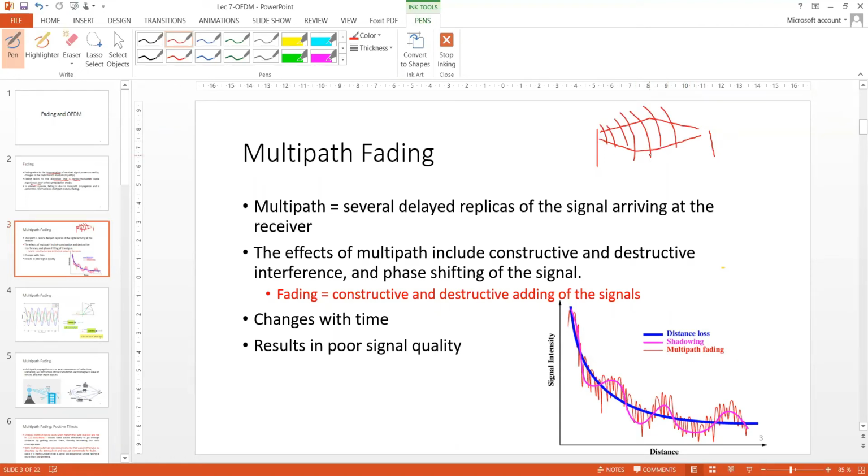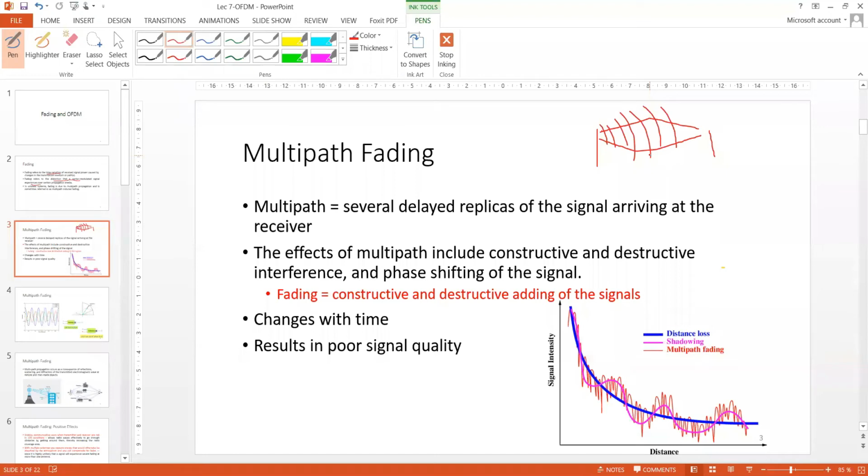So actually, multipath refers to this particular concept, that the signal being transmitted from the transmitter towards the receiver takes different paths, or different copies of the signal are transmitted and received at the receiving end because of the different paths taken by the signal owing to the electromagnetic spread of the spectrum and owing to the transmission of the signal over the wireless channel. So in multipath, several delayed copies or replicas of the signal are arriving at the receiver.